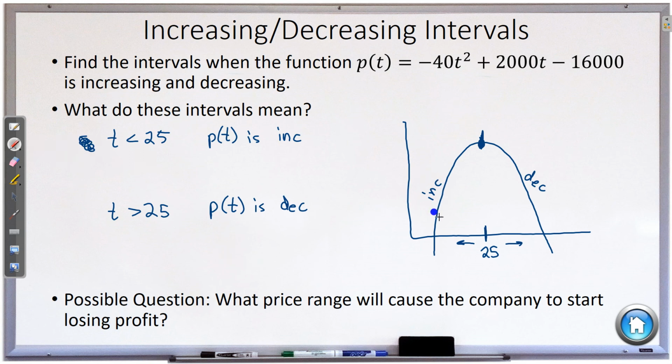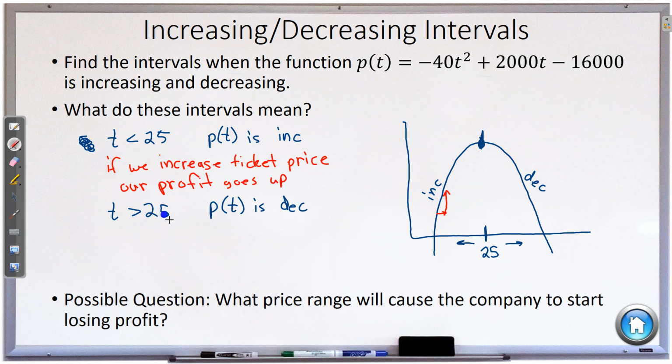Well, when we are increasing, if we increase the price of the ticket, our profits go up. So that's what it means when the profit is increasing. If we increase the ticket price, our profit goes up.